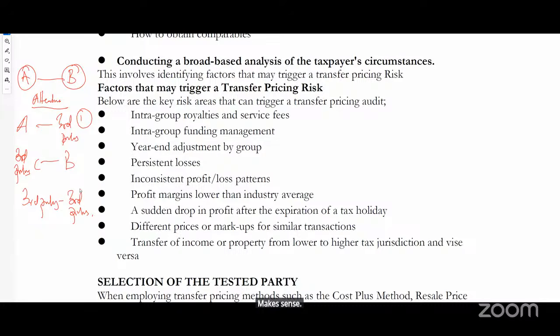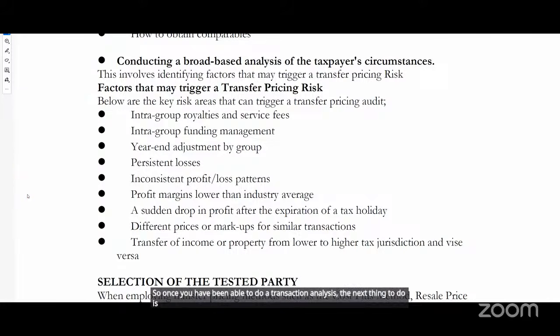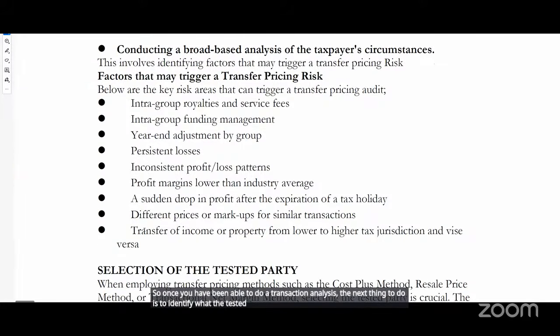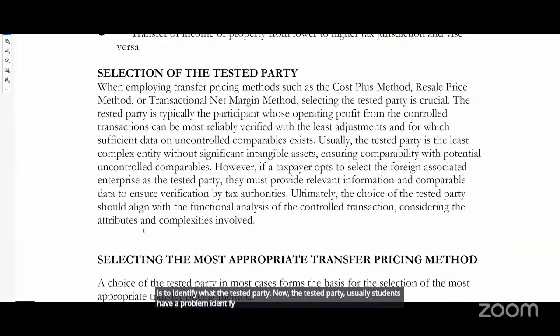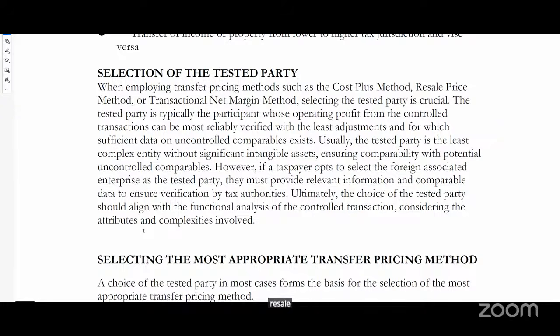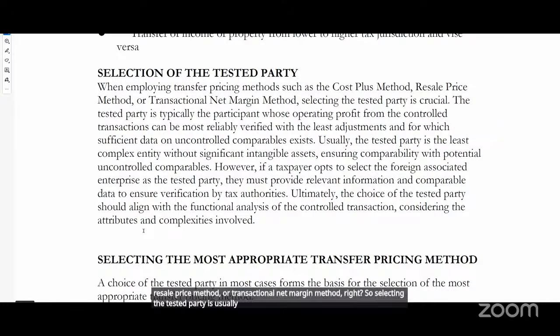So once you have been able to do a transaction analysis, the next thing to do is to identify the tested party. Usually students have a problem identifying the tested party. The tested party is mostly used when you are using transfer pricing methods like cost plus, resale price method, or transactional net margin method. So selecting the tested party is crucial to the transaction.